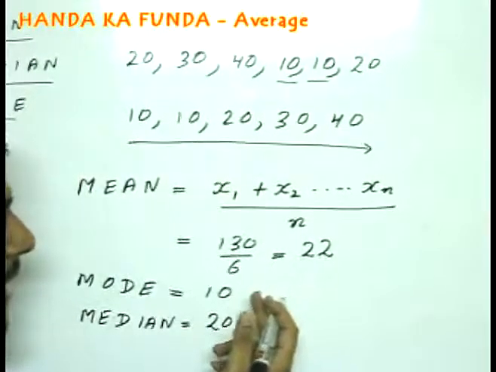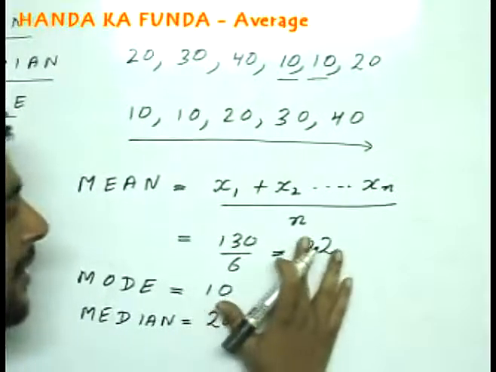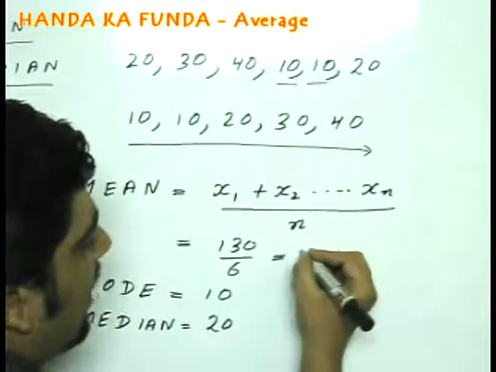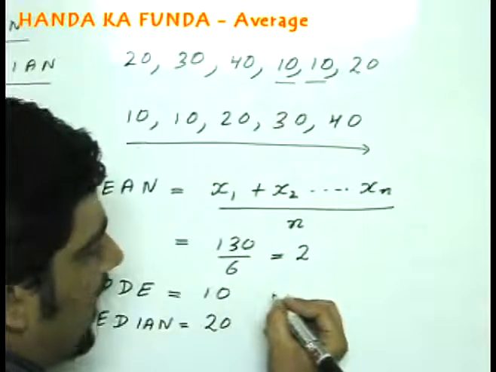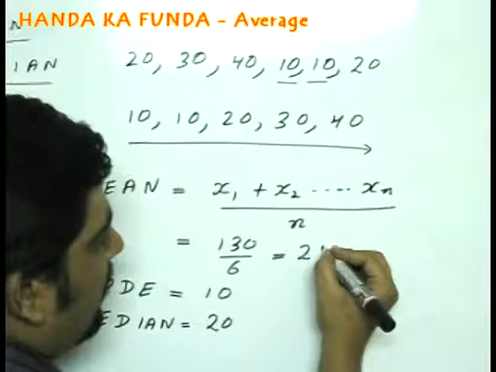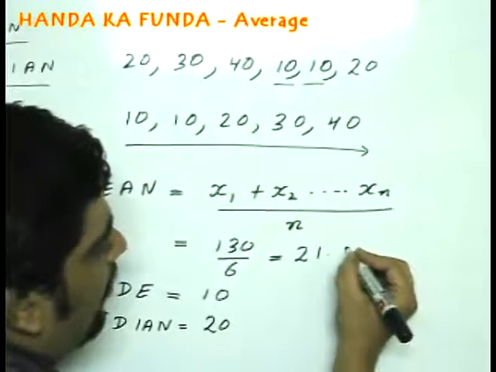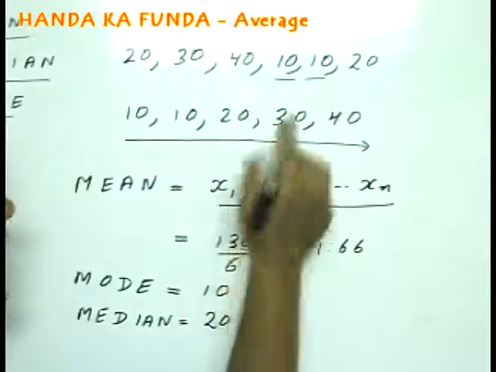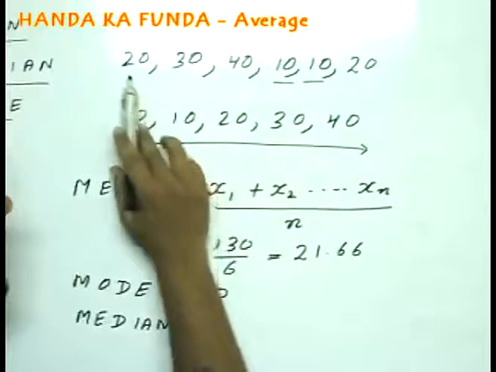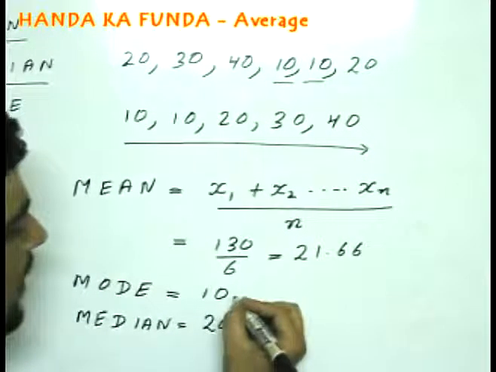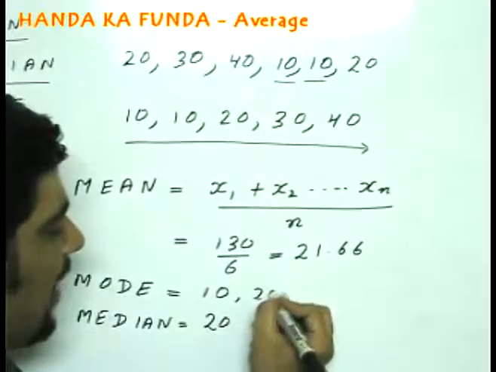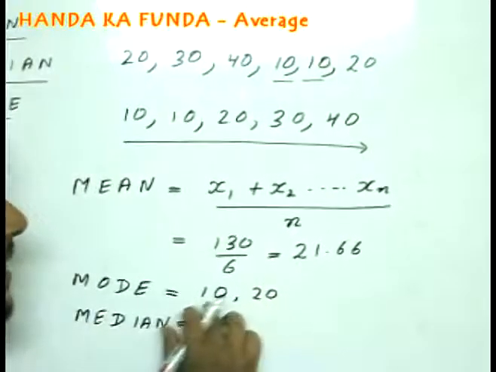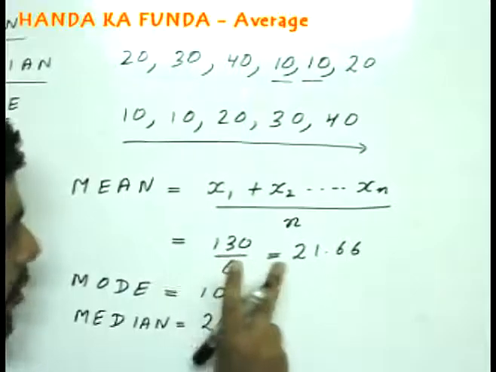So the mean in that case will be 130 by 6, which comes out as 21.66. The mode. Right now there are 2 values which are 10 and there are 2 values which are 20. So this particular data set will have 2 modes, 10 and 20, as both of them occur twice.